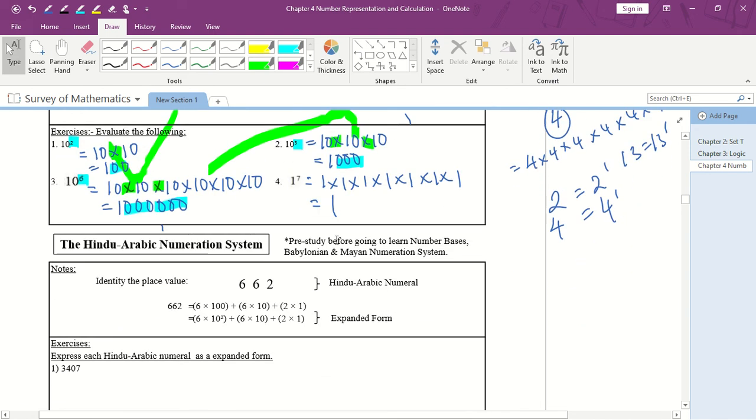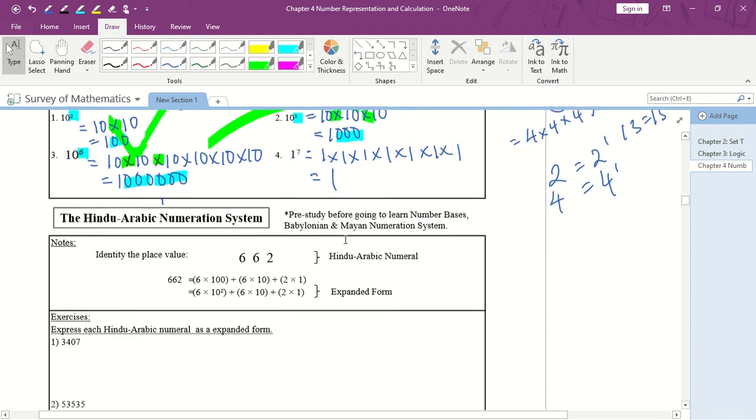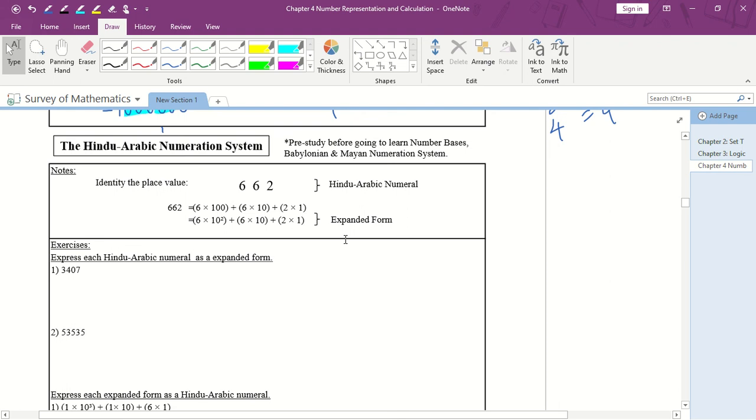Okay, so when you know about exponential notation, now we will continue to learn about the Hindu-Arabic Numeration System. I've said that the Hindu-Arabic Numeration System are the numerals that we use in our daily life, like 134, 252, 728.